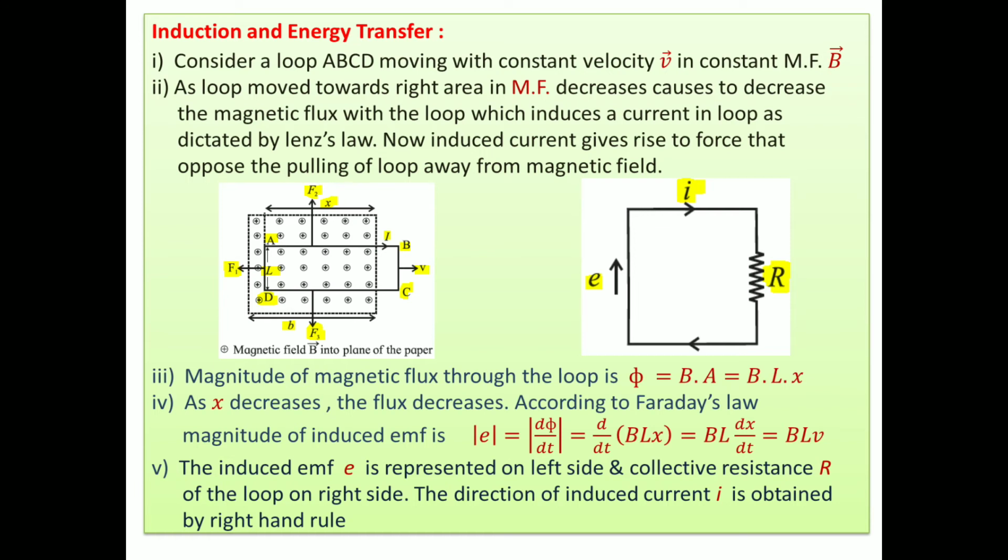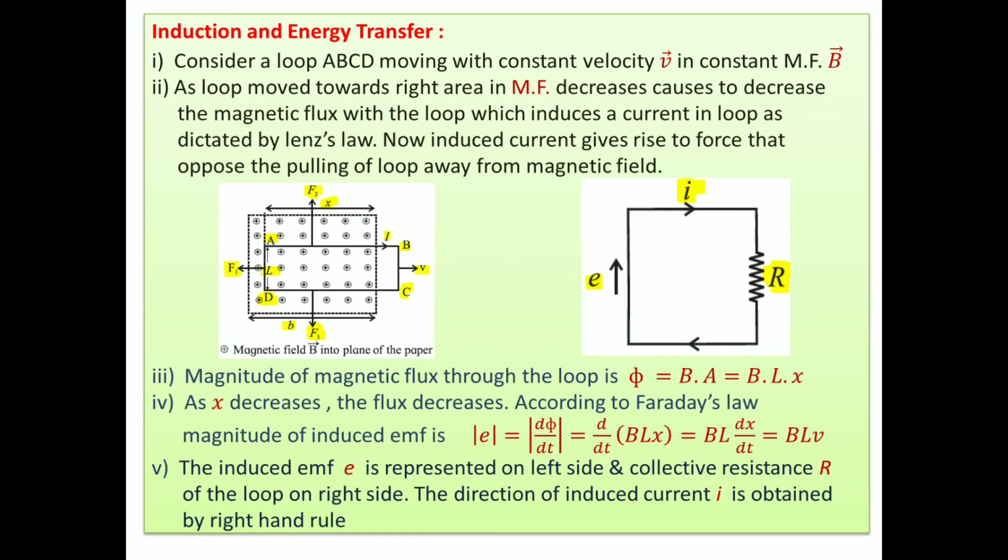Means this induced current does not want to decrease the magnetic flux, so it opposes. It wants to keep the frame inside, so it exerts a force towards left. That means here we pull this frame towards right, and because of Lenz's law, force is acting towards the left.